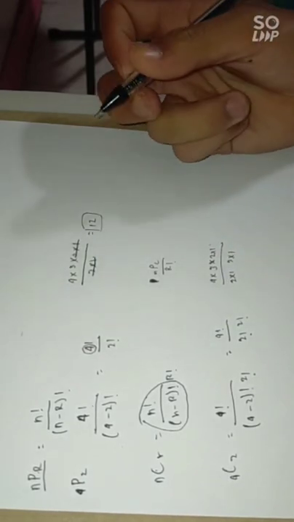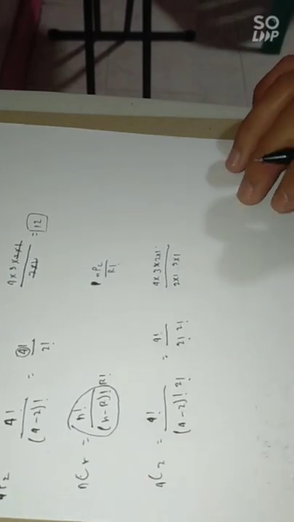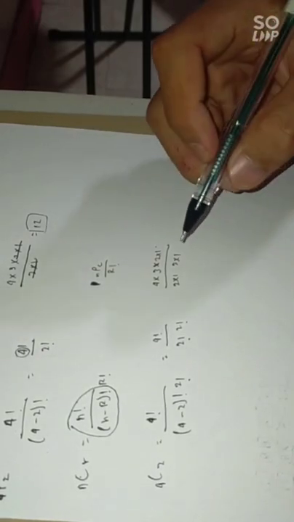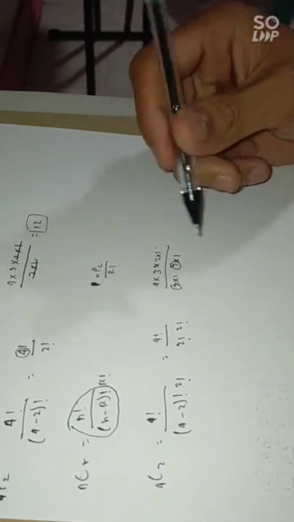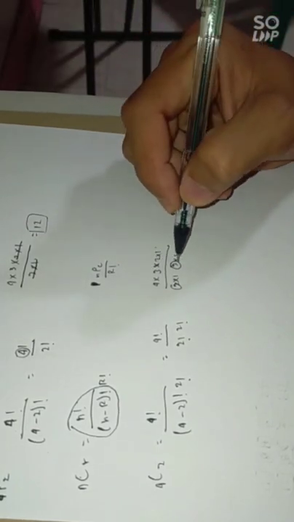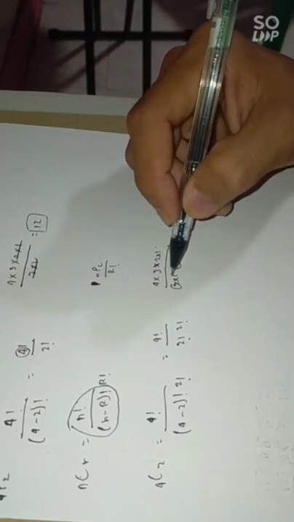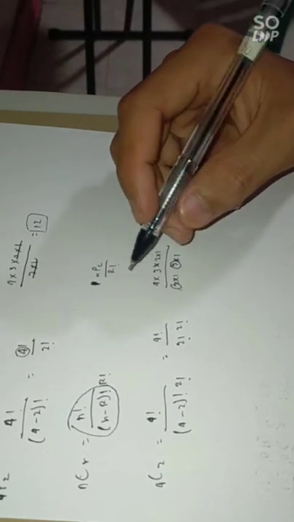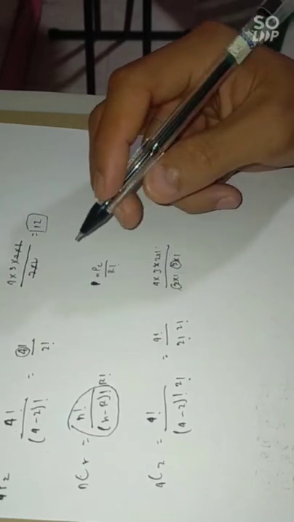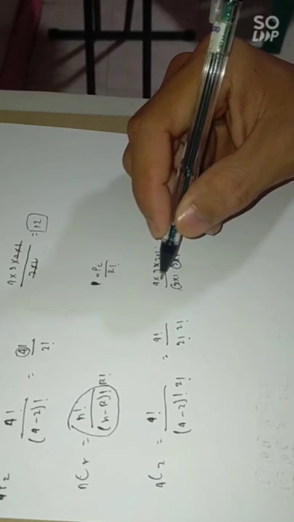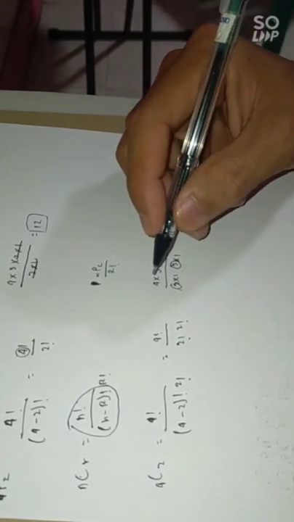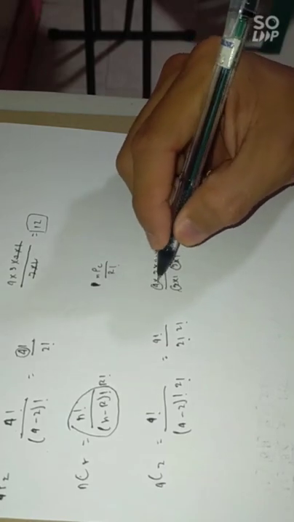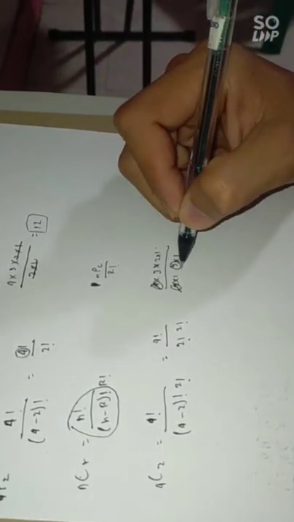So 2 times 2 is 4, so we can cancel that with the 4 on top.